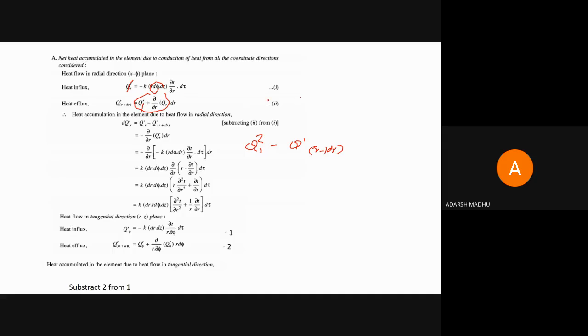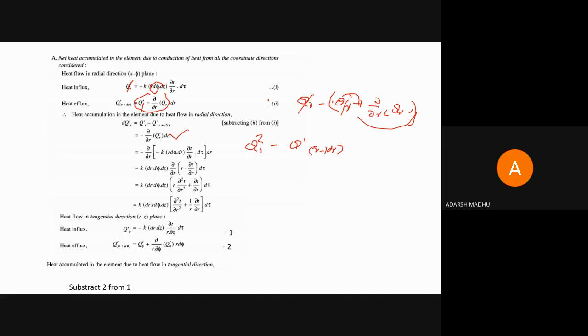Let us take a look. qr minus qr plus dou by dou r of qr, there is a bracket here. So the negative sign enters, and when it cancels, the term you get is negative dou by dou r of qr.